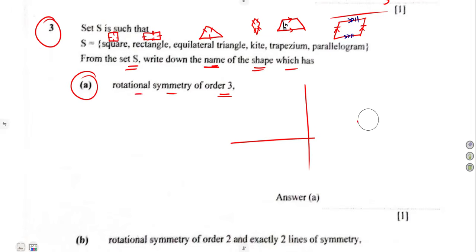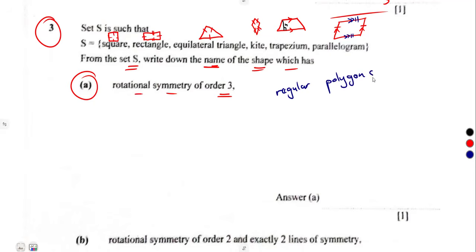So remember from the polygons, when you consider the rotational order, for regular polygons, the number of sides simply represents the order of rotational symmetry as well as the lines of symmetry.